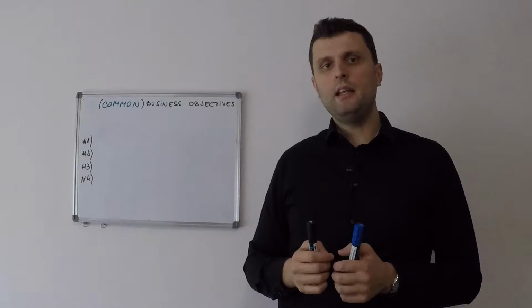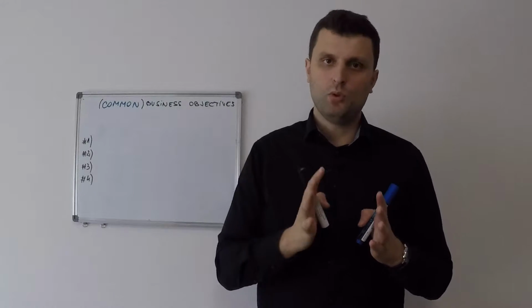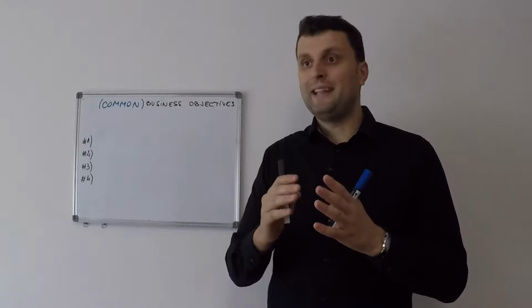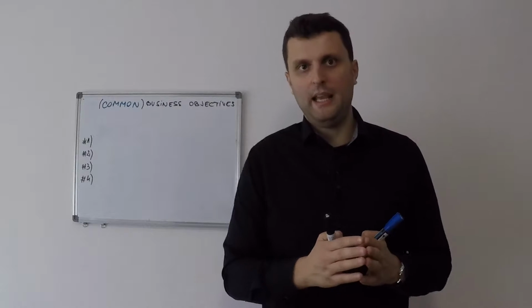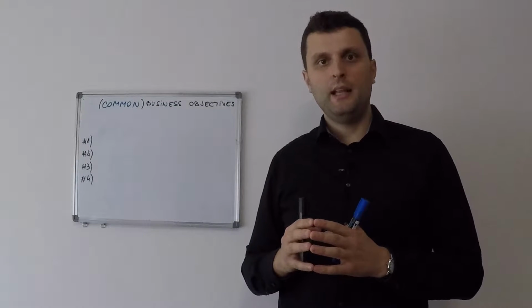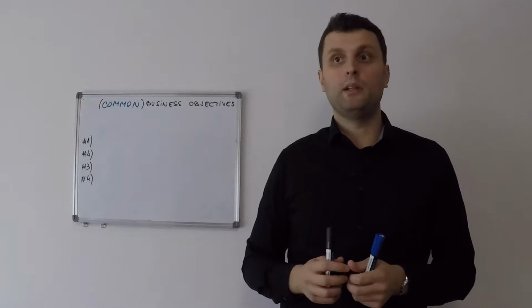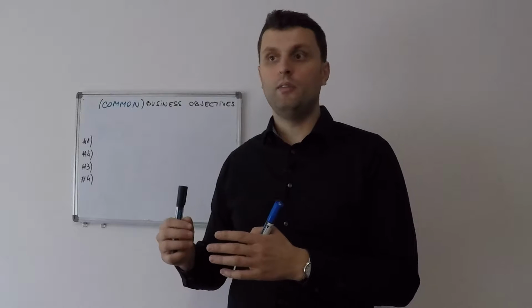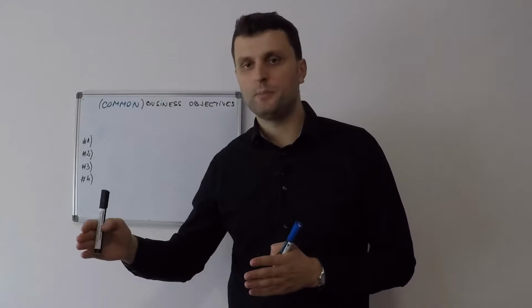Now, there is a difference in the way we present these aims or objectives, or think of them and follow them, between a small business and an incorporated business. To understand this, I recommend that you watch the previous video regarding incorporated businesses, so that you're fully aware of the differences between an incorporated and an unincorporated business.